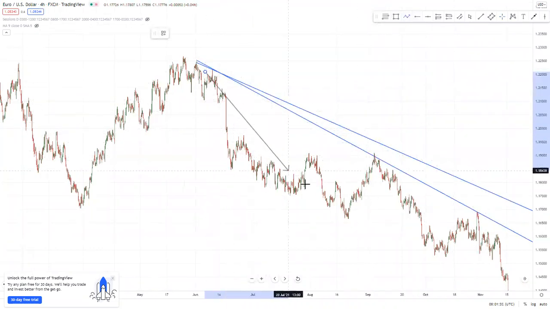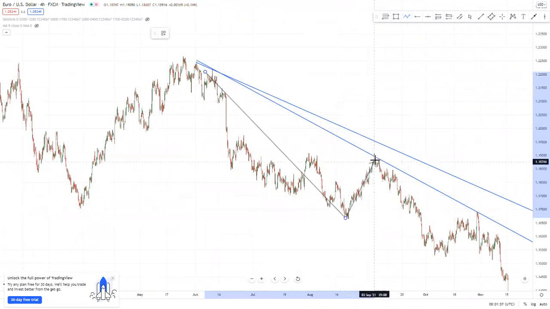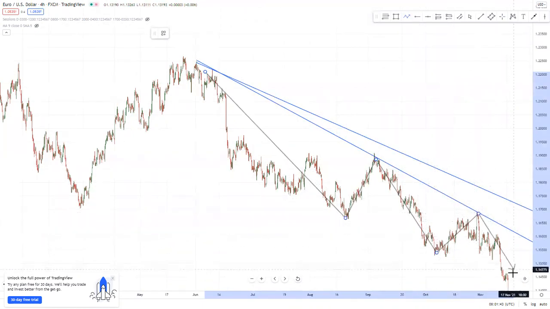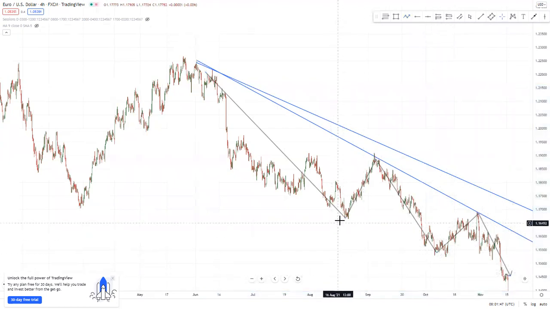This is the bearish movement in this market. This is the retracement. This is the bearish movement. This is the retracement. Then we have a bearish movement. So let's just stop here for now. Notice what I was talking about.